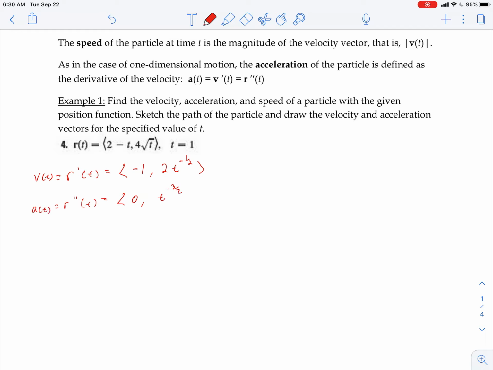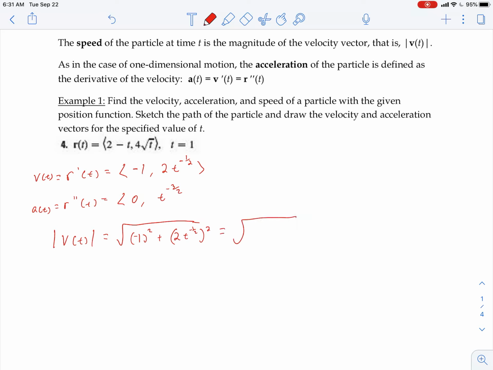All right, so we found a velocity vector and acceleration vector, and now let's go ahead and find our speed. So it's just the magnitude of our velocity. And so we get the square root of -1 squared plus 2t to the -1/2 squared.